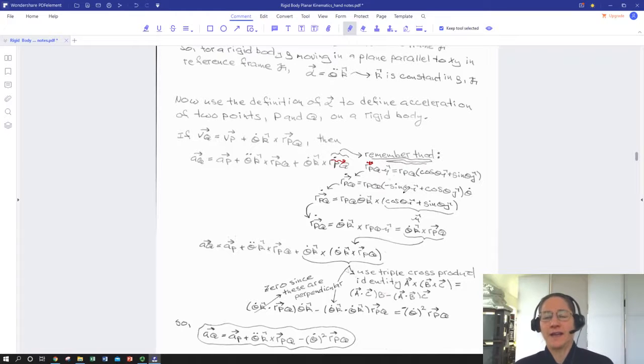And we can define our u unit vector of this line connecting two points on our rigid body with respect to reference frame F, using our i hat and j hat, which are the unit vectors for our reference frame F. So now we're connecting a line in our moving rigid body back to the coordinate axes of our reference frame.